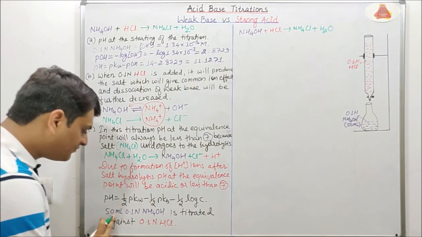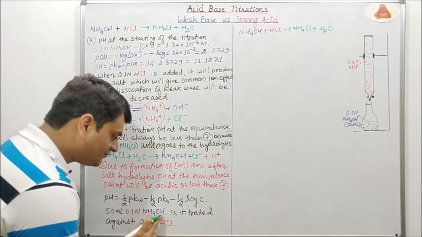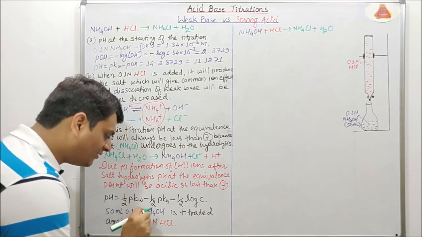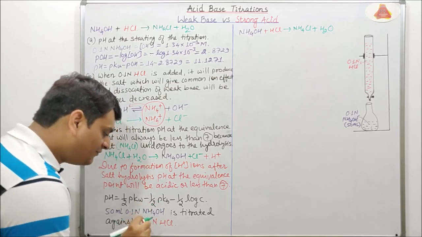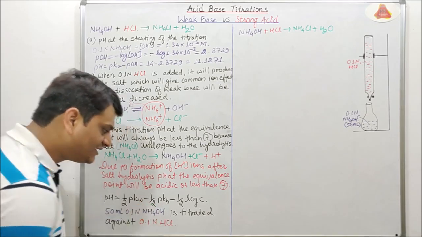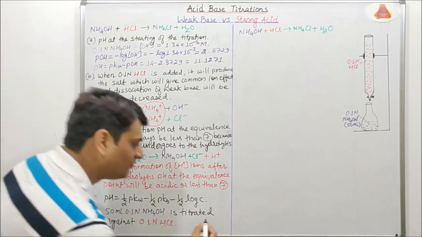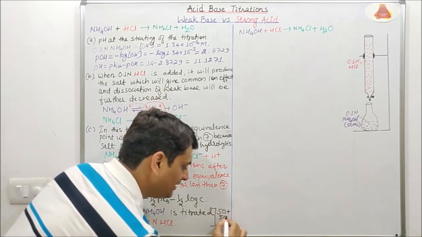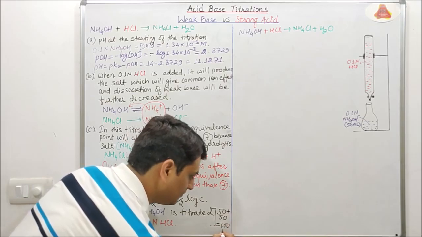So here we have used 50 ml 0.1 normal NH4OH, and to titrate this 50 ml 0.1 normal NH4OH, 50 ml 0.1 normal HCl will be required. So total volume will be 50 plus 50 is equal to 100 ml.